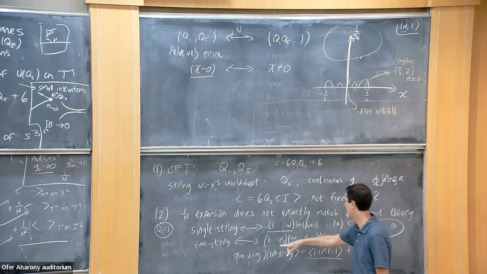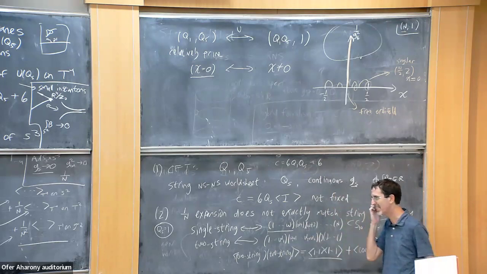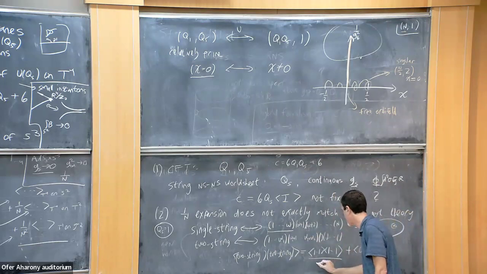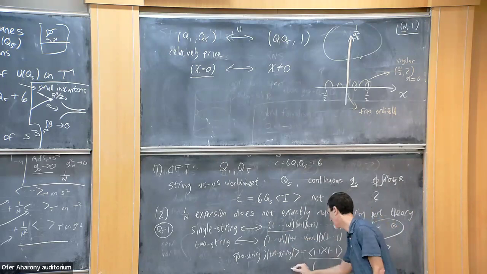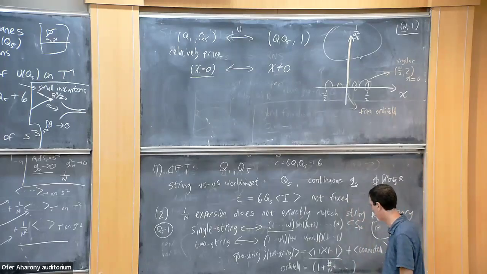But for the two-string states, we have to choose both these W1 sheets and these W2 sheets to come from the same n copies of the CFT. So we can show that the coefficient of the disconnected contribution on the orbifold side is not 1, but it's 1 plus something over 1 over n, and then it has also higher order corrections.